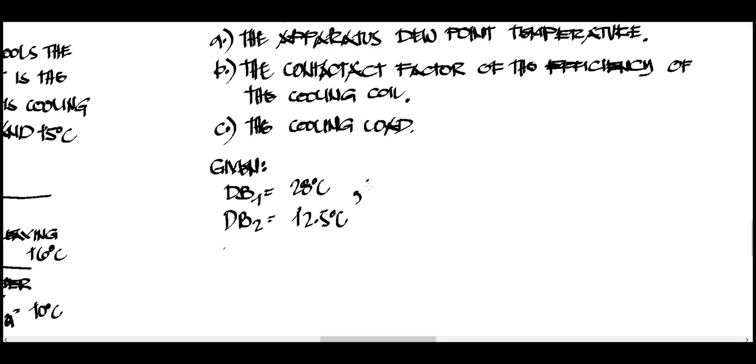Then we have your wet bulb 1, which is 21 degrees Celsius, and the humidity 2, which is equal to 0.0083 kilogram per kilogram dry air.